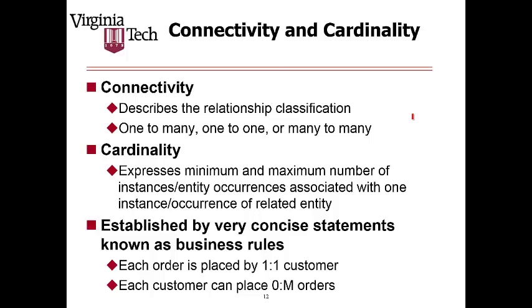And so they implement concepts from the problem domain, known as business rules, where there is a situation in the world that is true, right? Like each order is placed by one and only one customer.